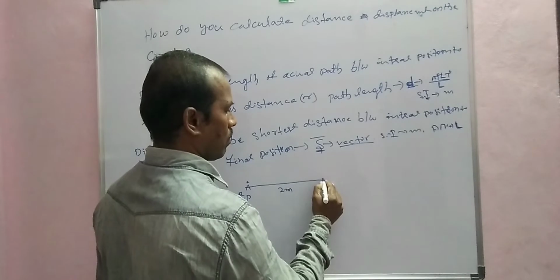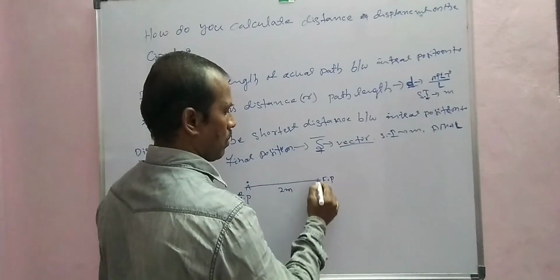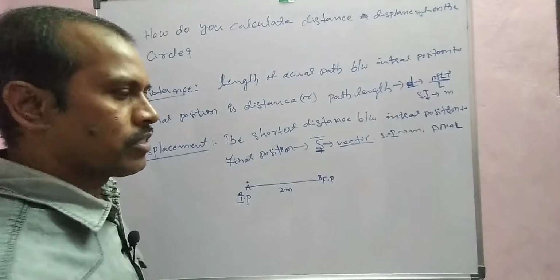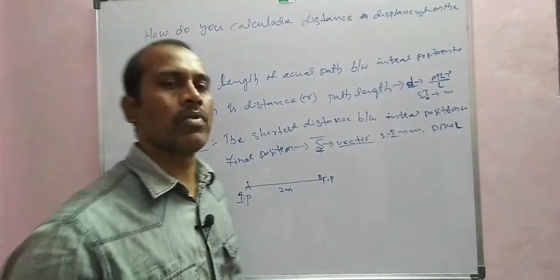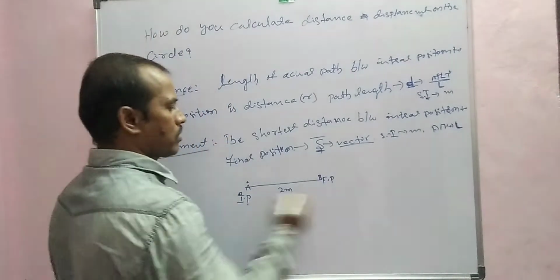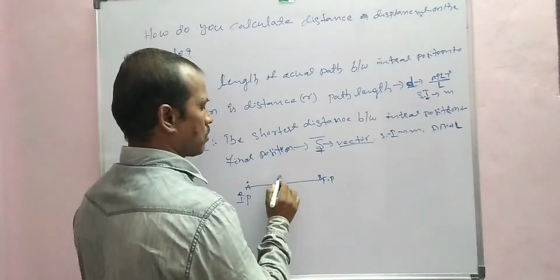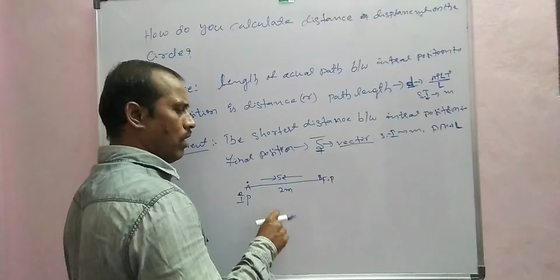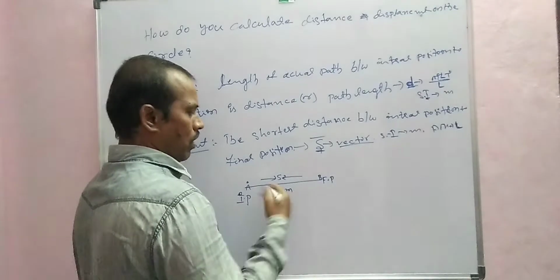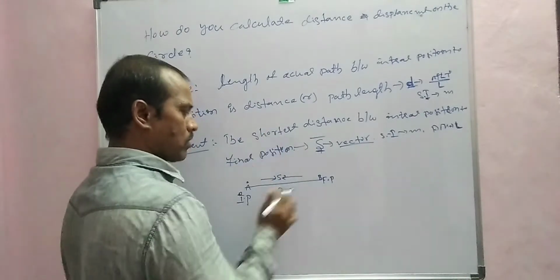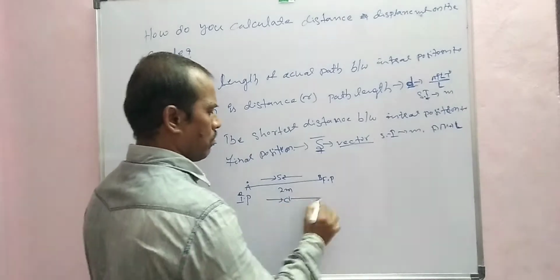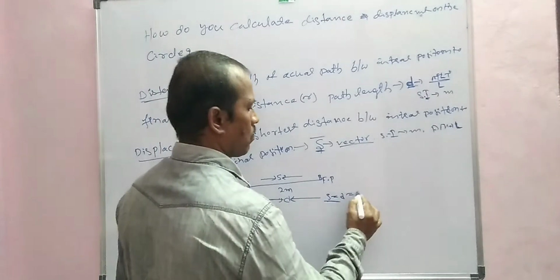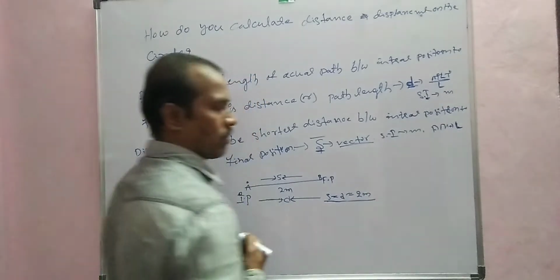In this case, distance and displacement are both equal. The straight line indicates the displacement between the initial and final positions, and the distance of the person is also the same, 2 meters. So displacement is equal to distance, 2 meters.